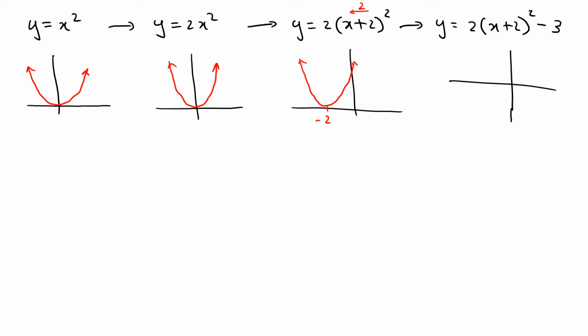And then the next one, we can bring this down by 3. But there's one issue here: we don't know the y-intercept. To get the y-intercept, you plug in x equals 0. If you plug in x equals 0, you get 2 squared, which is 4, times 2 means 8, minus 3, so that means it is 5.